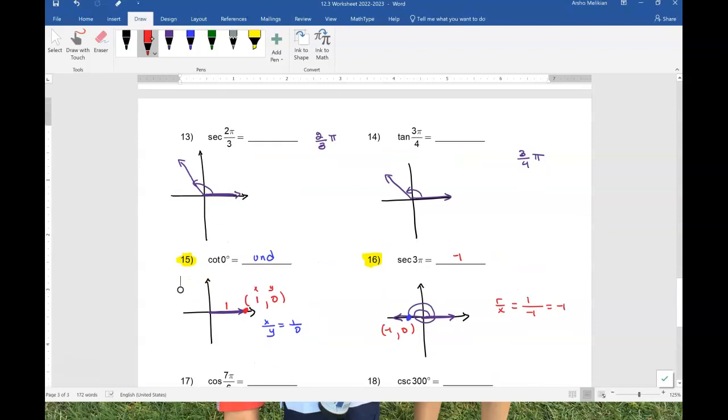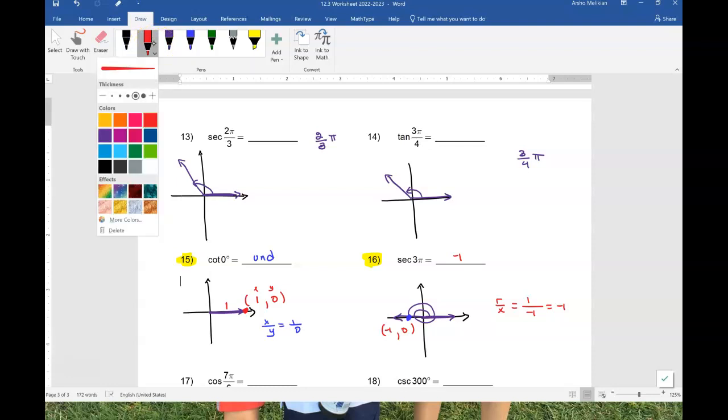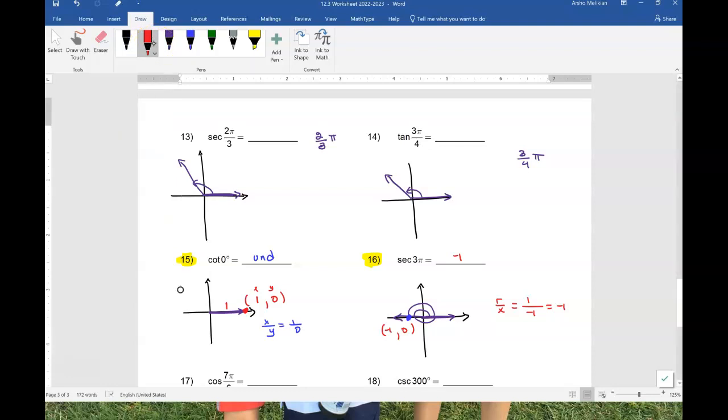Now let's do the ones that are not quadrantal angles. So the first thing is sketch it so you know where they are. The next step is you need to know what the reference angle is. So for the first one here, theta prime is pi over 3, meaning I need to find secant of pi over 3. This is the reference angle, pi over 3. So when I make a right triangle here, pi over 3 is how many degrees? 60.